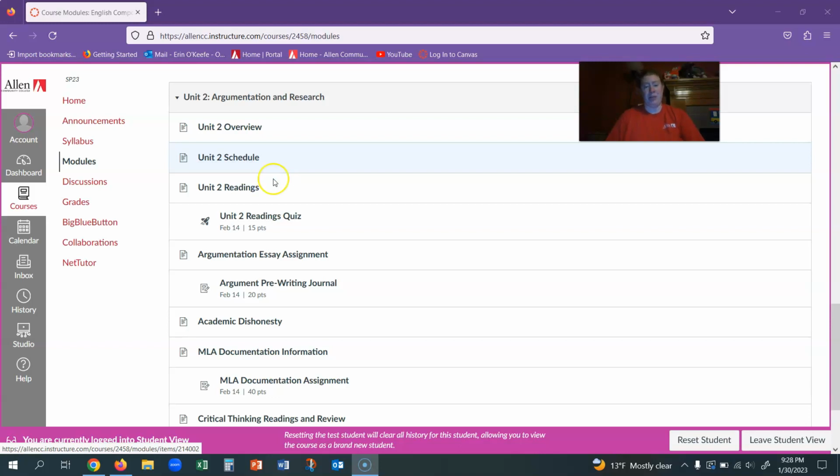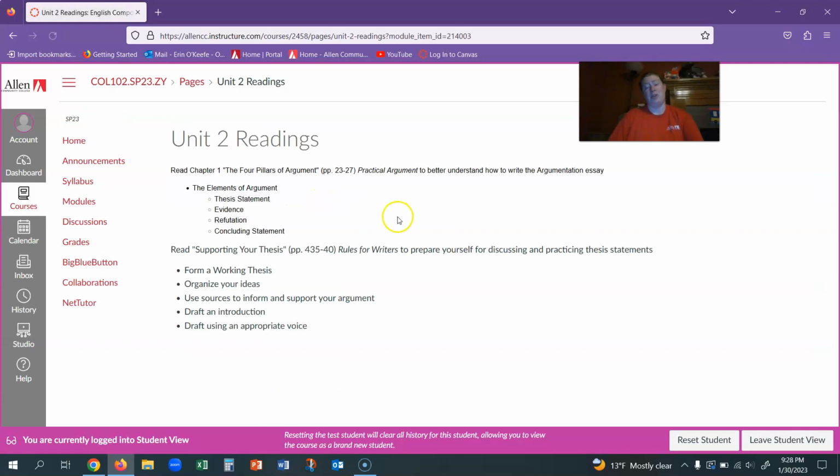So you have another quiz to take. The Unit 2 readings are right here. They cover the first chapter of the textbook, which is the 4 pillars of argument. You are writing a 4-pillar argument essay, so this is a particularly important chapter to pay attention to. And then you're also going to read a section out of your Rules for Writers book on supporting your thesis.